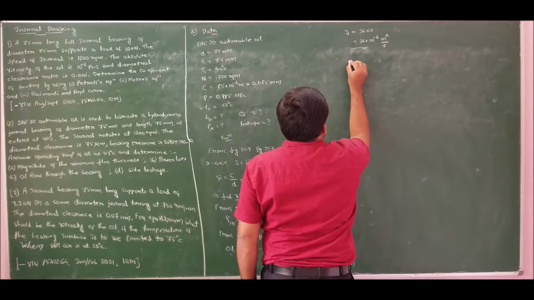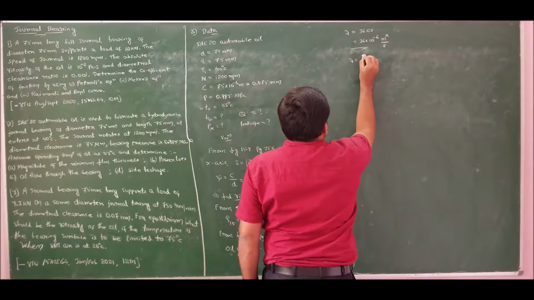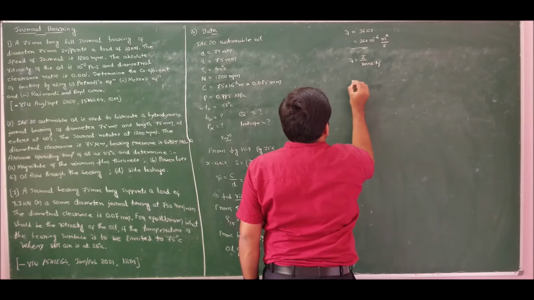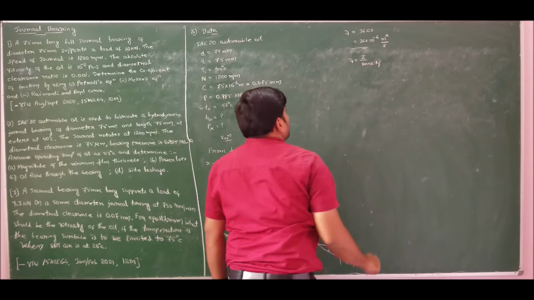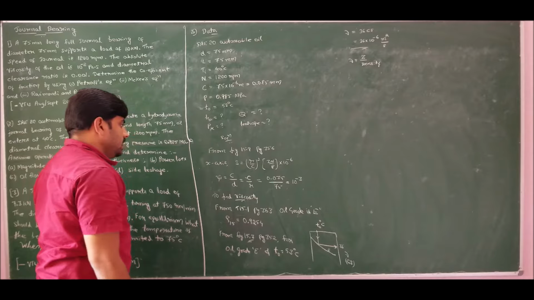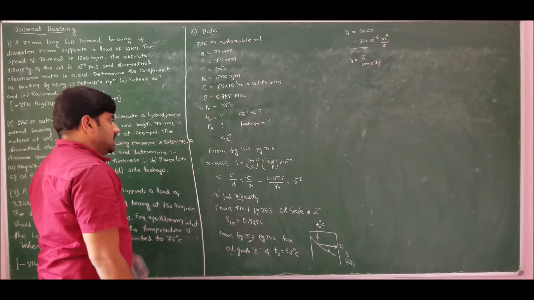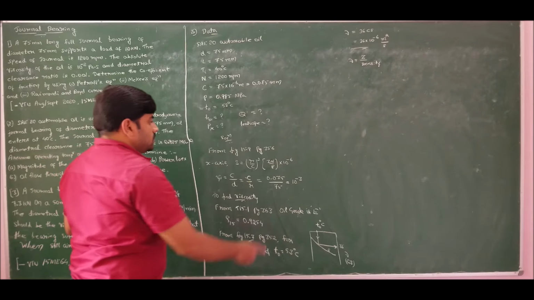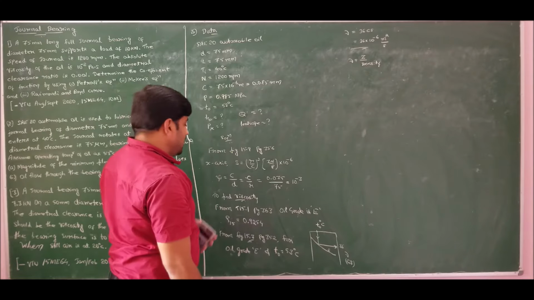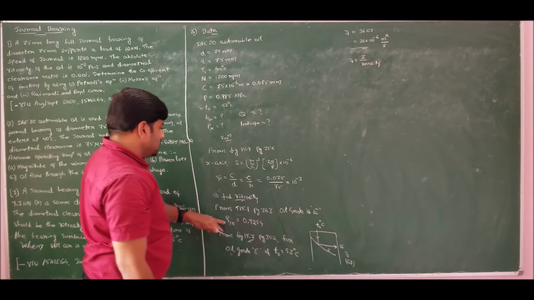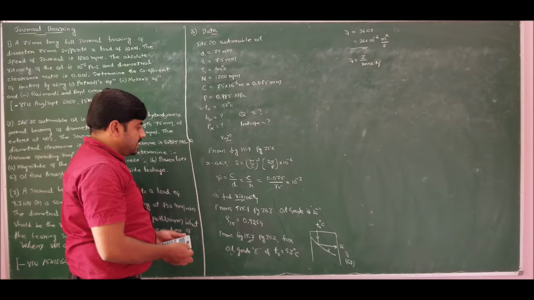Now we know that kinematic viscosity is dynamic viscosity by density. I don't know the density of oil SAE 20 automobile oil whose grade is E. So to find density, let us calculate the specific gravity at 53 degrees Celsius.